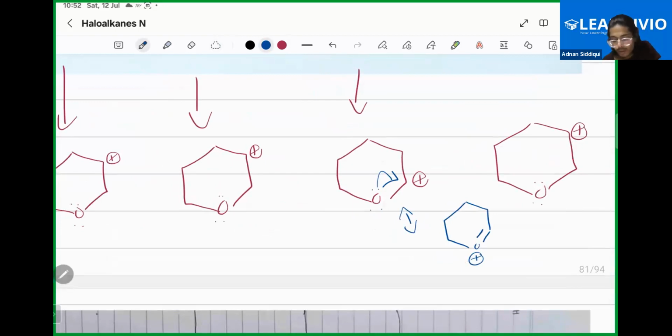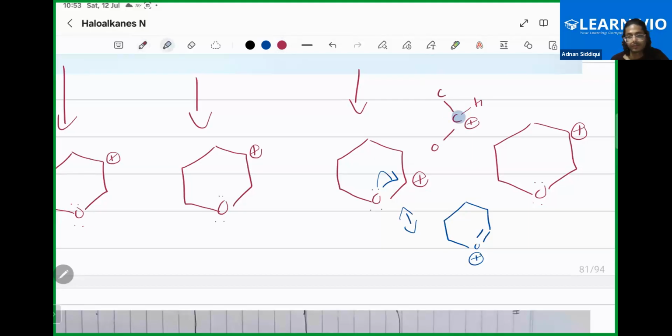Because in this case, this carbon has an incomplete octet. Suppose I am zooming in on this side. It looks like this. How many electrons are here for this carbon?